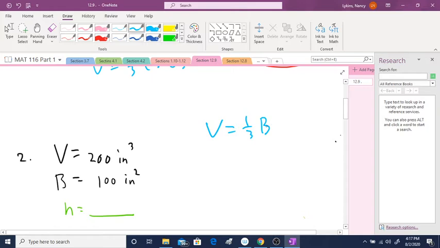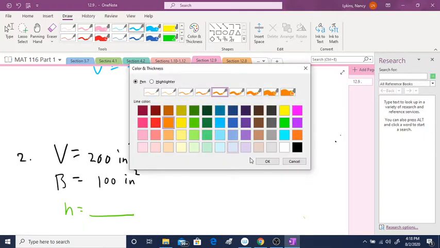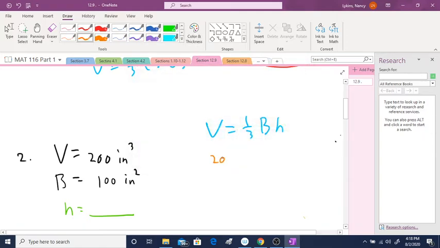Well, in this case, we don't know if it's a rectangular base or what, but we just know that the base is 100 inches squared, and I'm giving you the volume. So we want to take this 20 inches cubed equals 1/3 times 100 inches squared times the height.